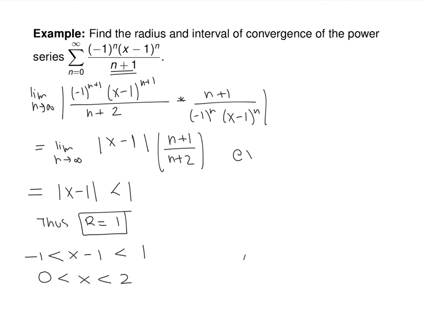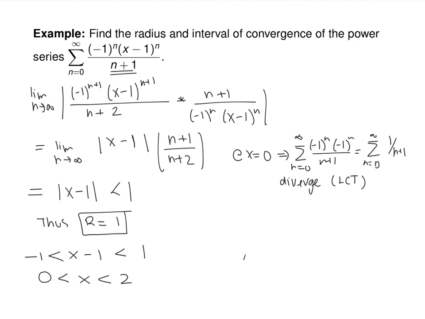So at x equals 0, we have the sum from n equals 0 to infinity, negative 1 to the n, negative 1 to the n over n plus 1. Well, that looks a lot to me like it's going to be the sum from n equals 0 to infinity, 1 over n plus 1, which will diverge. Technically, to do it, you have to use the limit comparison test. But really, I think that just knowing that it diverges is totally enough.